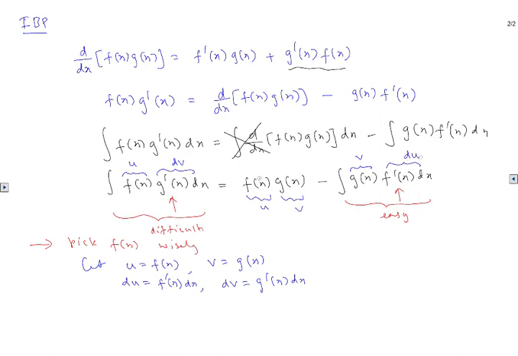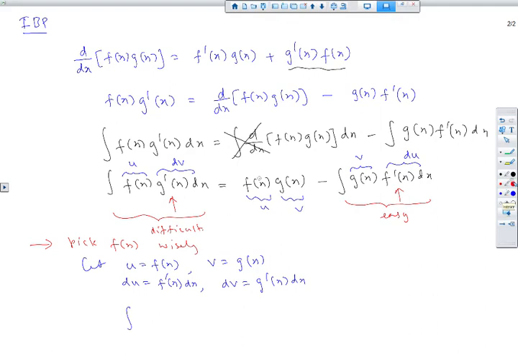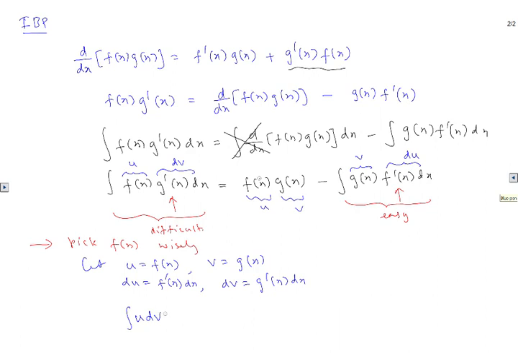So your integration by parts formula now becomes, I'm going to write the new formula: the integral of u dv equals uv minus the integral of v du.